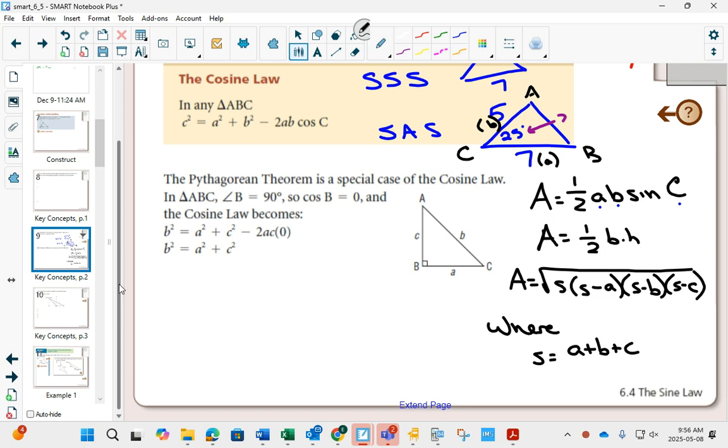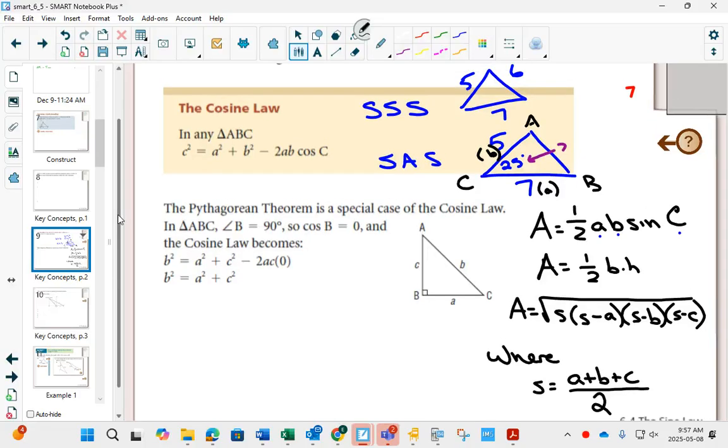If you add up all the sides, does that make sense that that's a perimeter? The semi-perimeter is half of the perimeter. So in this example right here, the semi-perimeter would be 5 plus 6 plus 7, which is 18 divided by 2 equals 9.